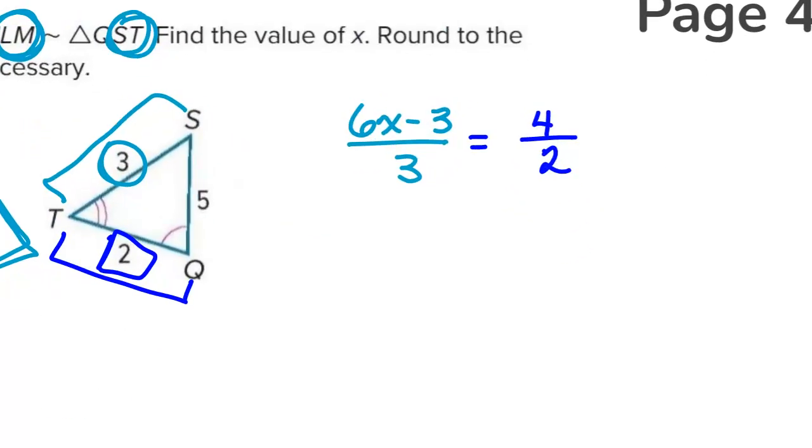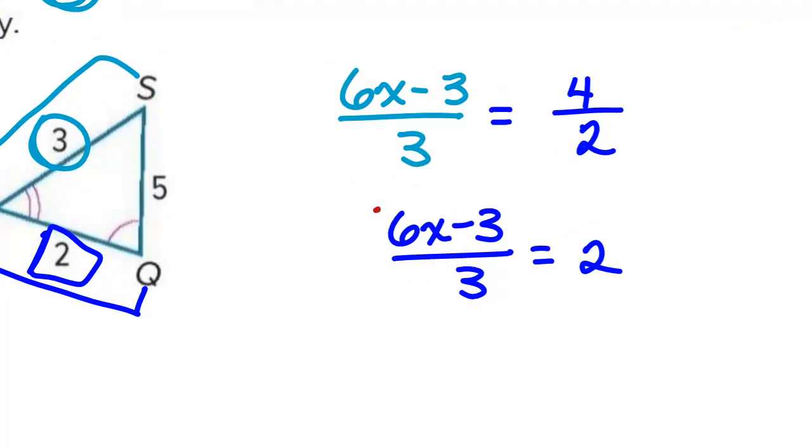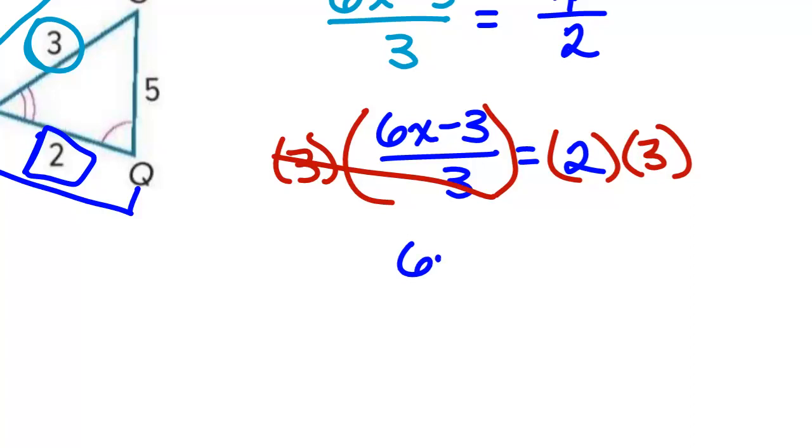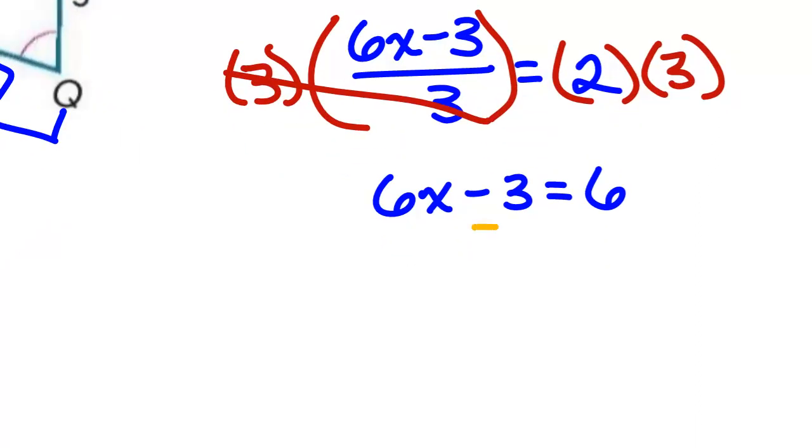What is 4 divided by 2? 2. So 6x minus 3 over 3 equals 2. How do I get rid of the fraction that I have left? Multiply by 3. What is 2 times 3? So 6x minus 3 equals 6. What do I do after that? Add 3 to both sides.